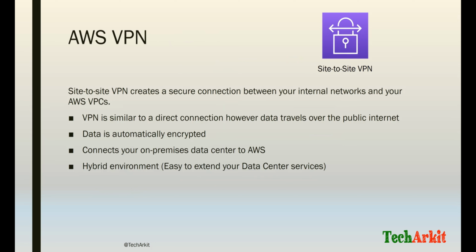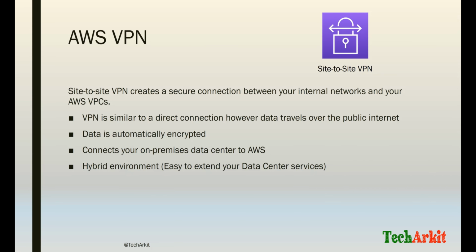So there is an AWS VPN, which is a site-to-site connectivity. You can use this one. Site-to-site VPN creates a secure connection between your internal networks and your AWS VPCs, right? This is also similar to Direct Connect, but it is not using any dedicated physical line.